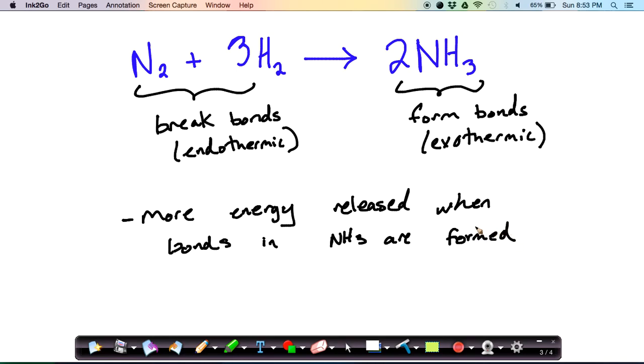So since there is a greater amount of energy released when the bonds of ammonia are formed, overall this reaction is classified as exothermic.